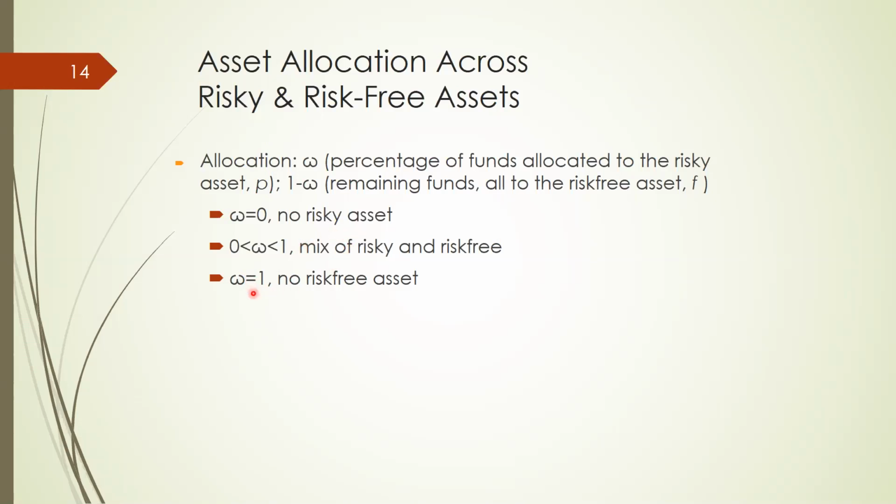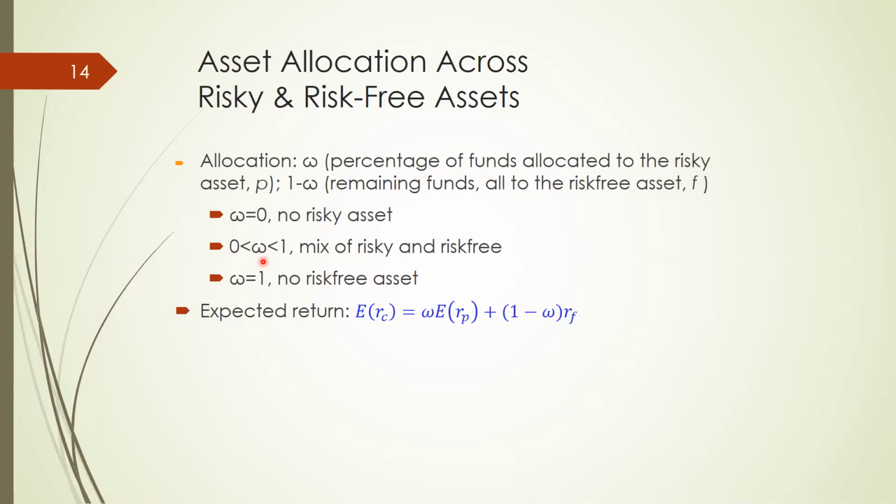When omega is 1, we put 100% of money into the risky asset. Sorry, when omega is 0, no risky assets. When omega is between 0 and 1, we have a mix of the two.